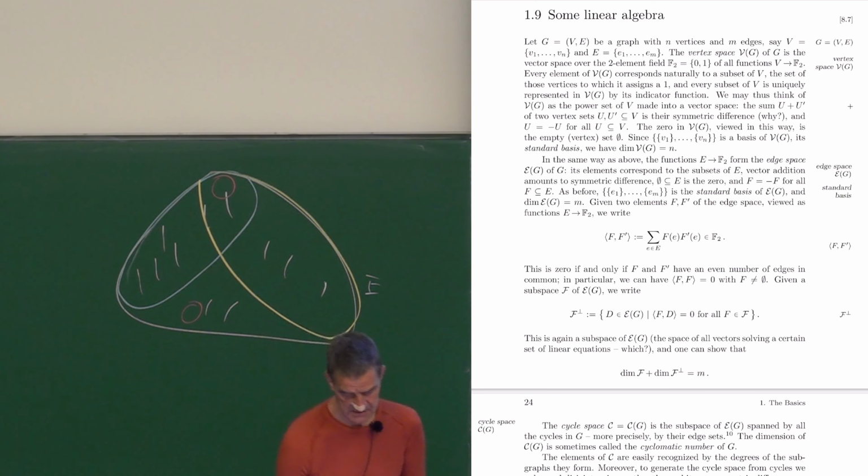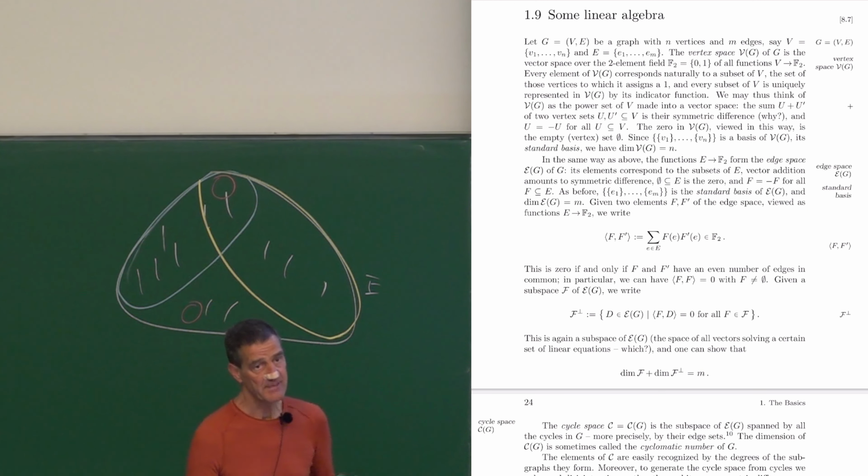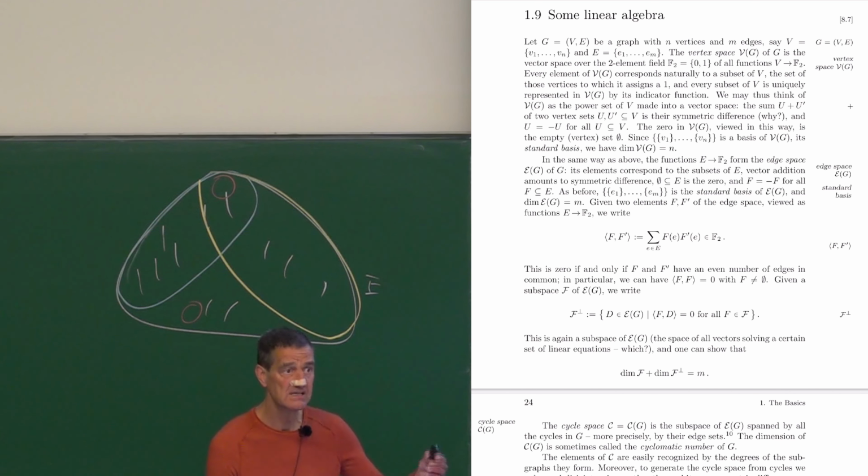And we have a dimension formula that is exactly what you know from linear algebra, even though you know it over R or C, the complex numbers. The dimension of a subspace plus the dimension of the orthogonal space is the whole dimension n, right?